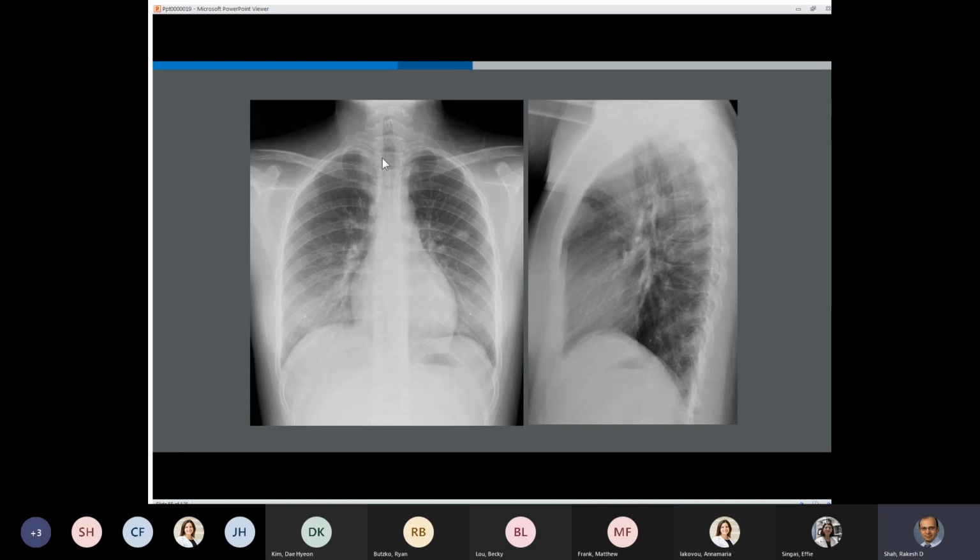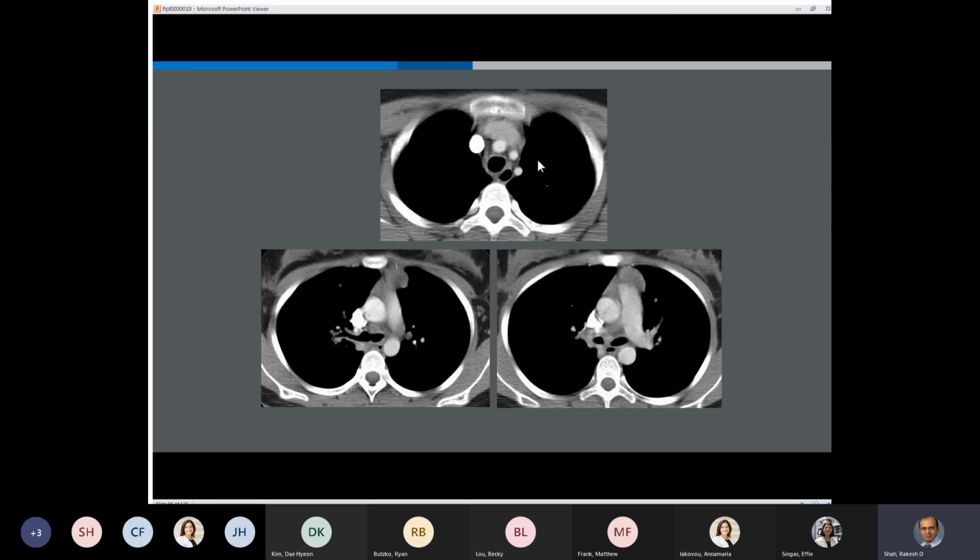In this patient, the airway trachea looks pretty unremarkable. It's hard to really appreciate anything. We do see some nodules in the lungs. There is this thing behind the sternum. So the patient had a CT and they had some anterior mediastinal lesion. I think this was a benign finding. This was a cyst, a thymic cyst.